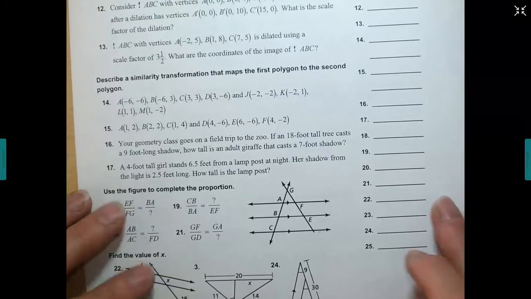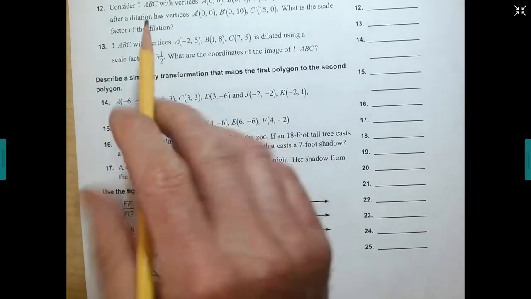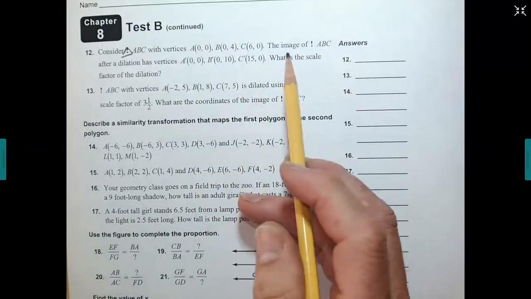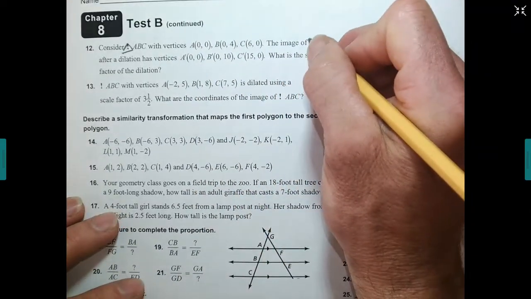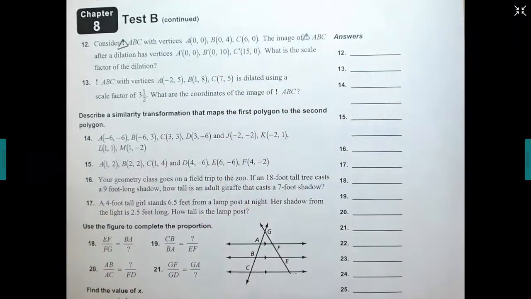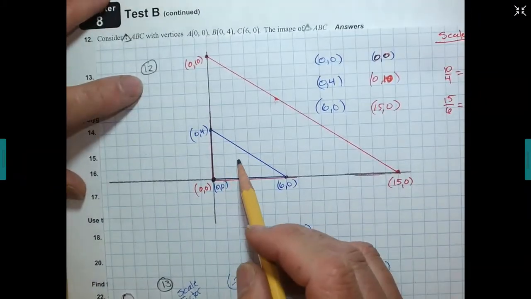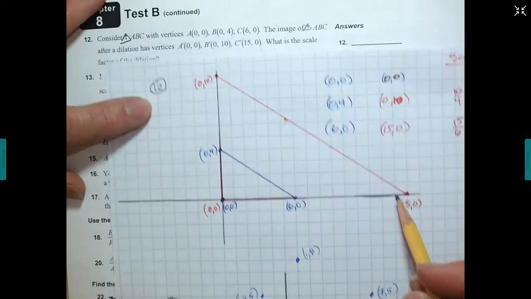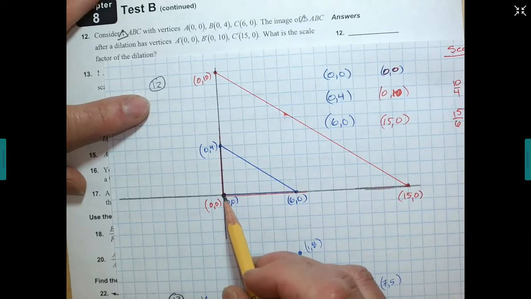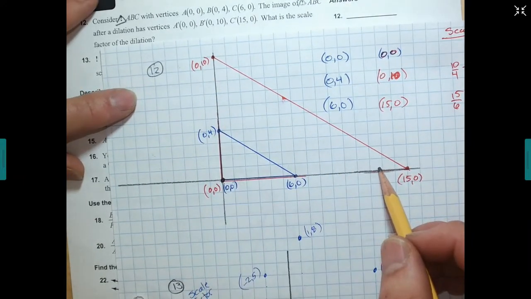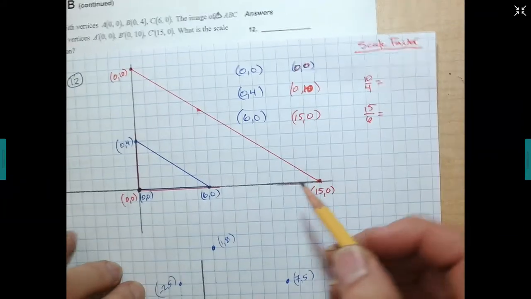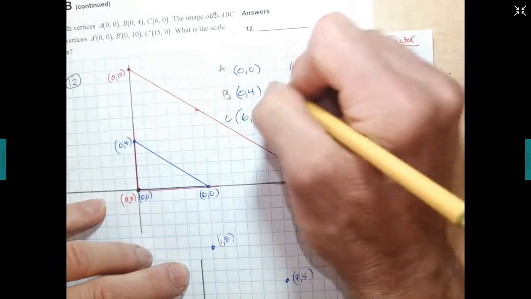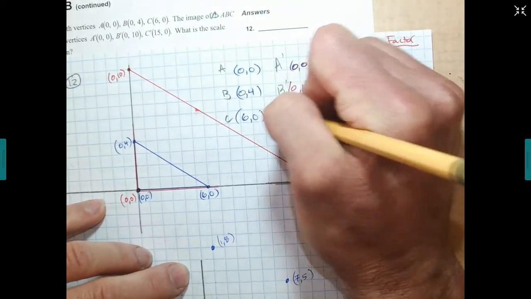All right. Let's keep going. Here we got some drawings. So consider these vertices. This is supposed to be a triangle. Is after dilation is this. So here we have it. The blue is before dilation, A, B, C, and the red is after dilation, A prime, B prime, C prime. What's the scale factor? Well, I wrote out here's A, B, C, here's A prime, B prime, C prime.